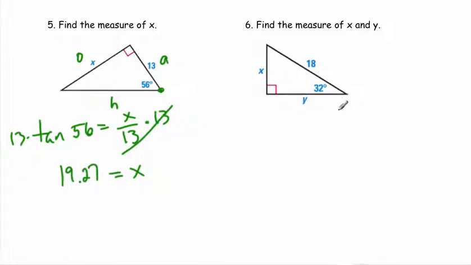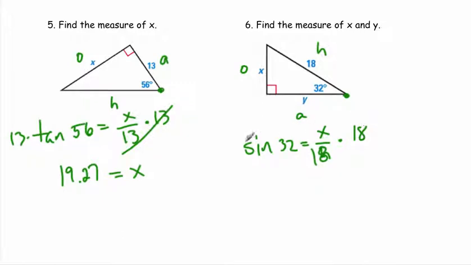Okay, here it says find the measure of x and y. So here's my reference angle. This is opposite, this is adjacent, and this is hypotenuse. So I can use opposite and hypotenuse, so I can say sine of 32 equals opposite over hypotenuse. Hypotenuse should be 18, so let me change that to an 18.